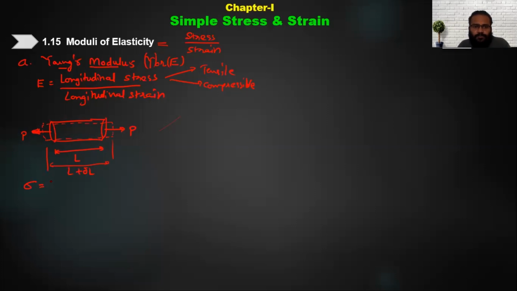Tensile stress will be load upon the cross-section area. Let us assume the area of cross section is A. So load upon area, and the strain is delta L upon L.